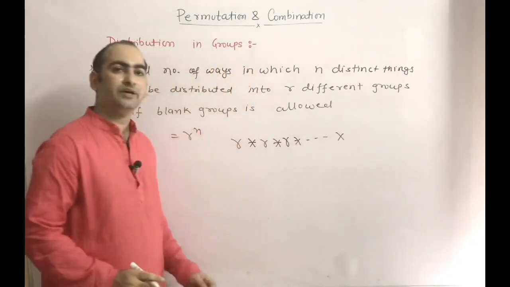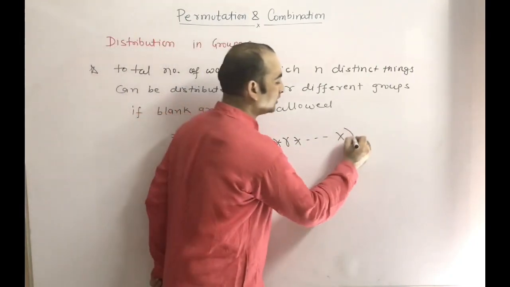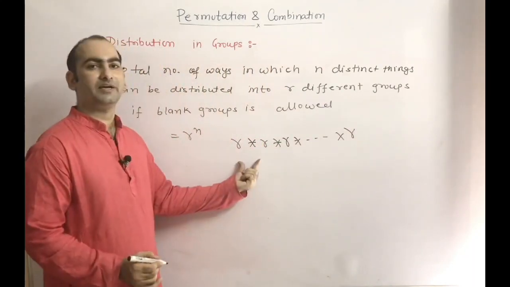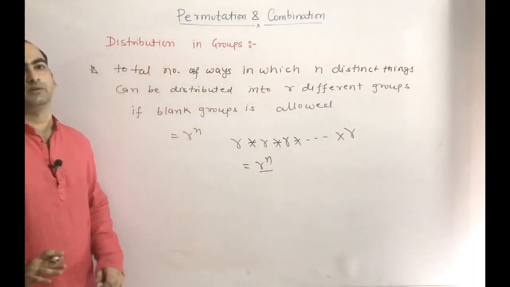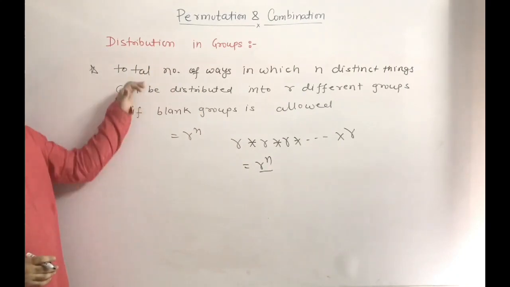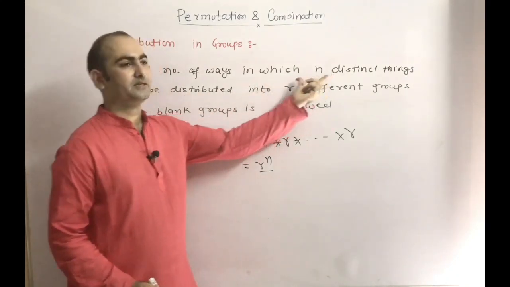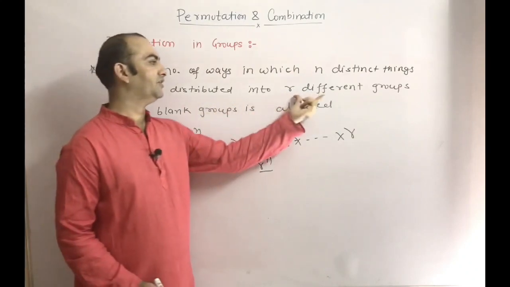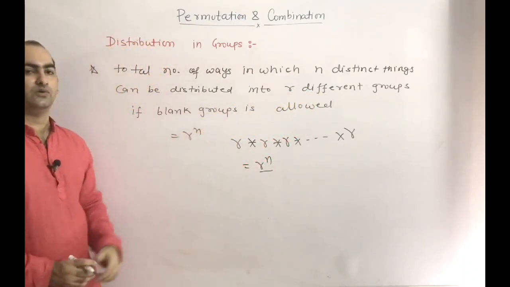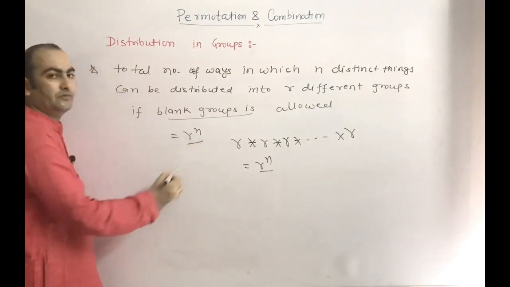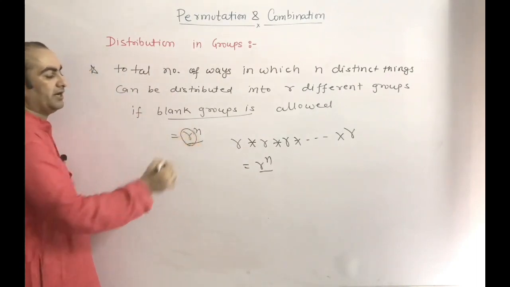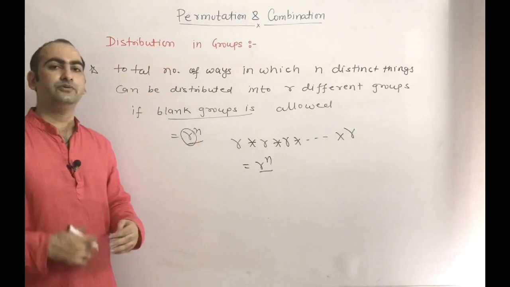For the nth thing also we have R choices. So R we have to multiply n times, so what will come? R power n. This point you have to remember: this is the total number of ways in which n distinct things can be distributed into R different groups if blank group is allowed. The answer is R power n, where R is the number of groups and n is the number of things that we have to distribute.